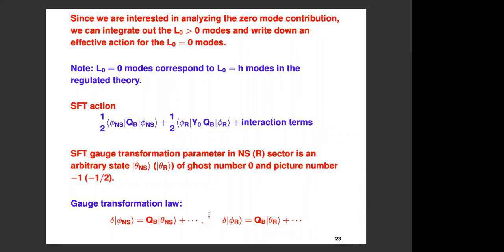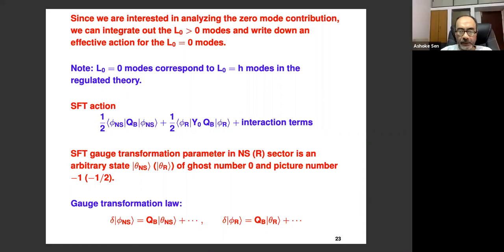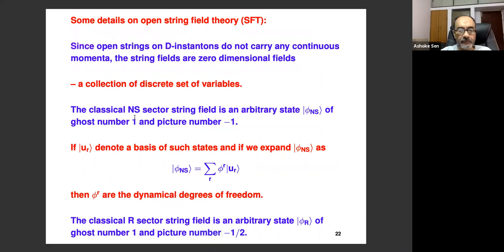In the string field theory action, you want individual terms to have -1 picture number. Is that right? Well, not individual. The classical NS sector string field phi NS, when we do this expansion, is an arbitrary state of ghost number 1 and picture number -1, which basically means that in this basis of states, you only include the ghost number 1 and picture number -1 states.